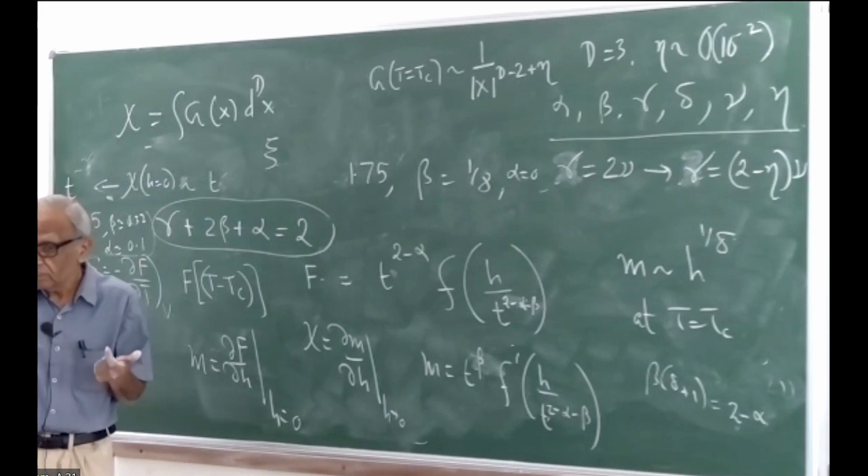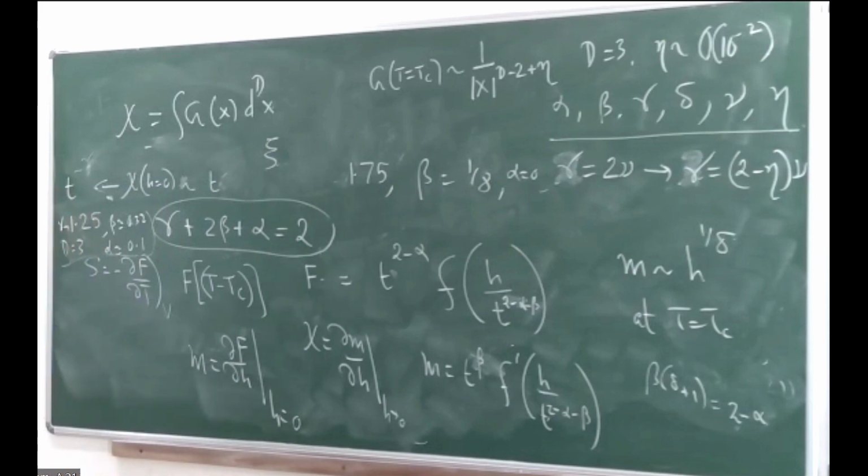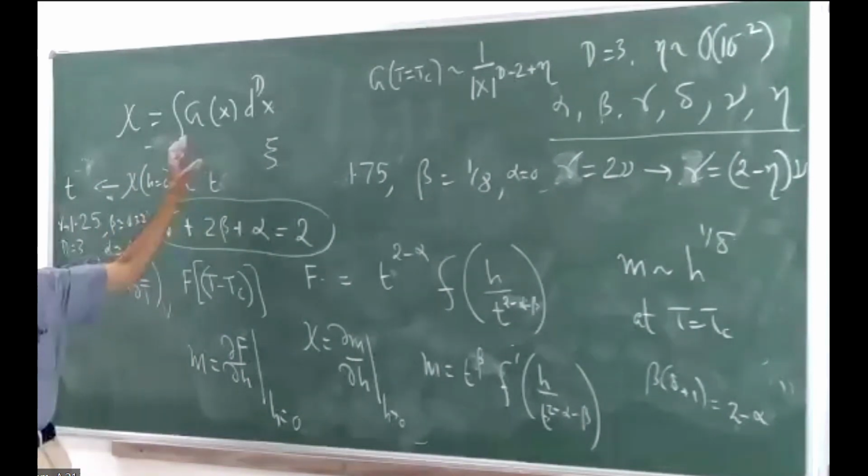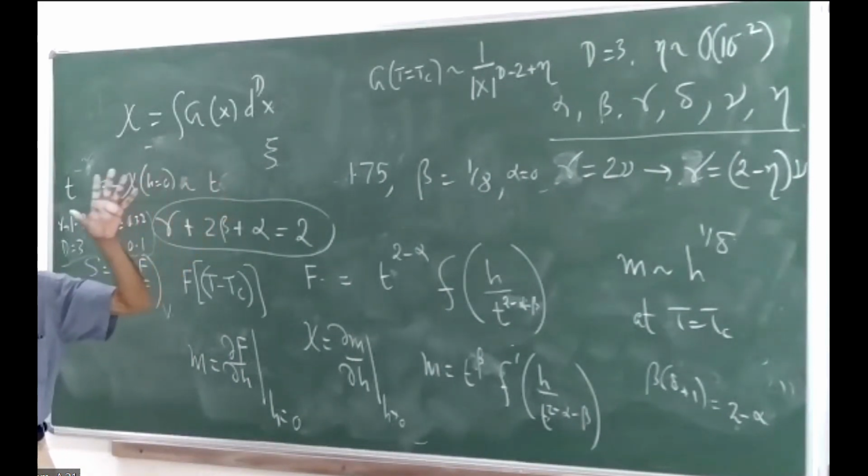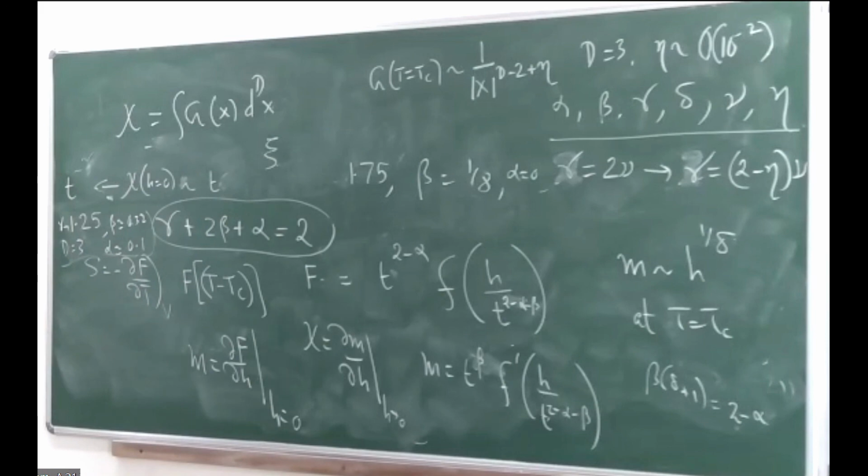And if it is being determined by a correlation length, then I have no extensivity. If thermodynamic quantities like the susceptibility are going to be determined by a correlation length, that means extensivity is lost.